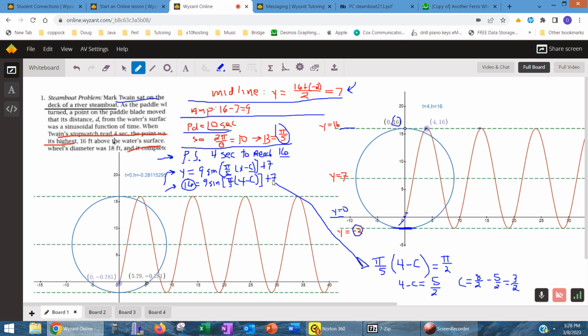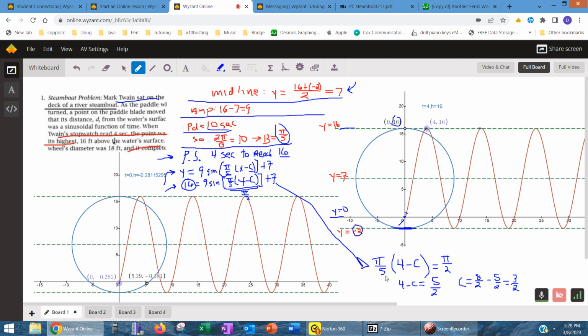So if I subtract 7 and then divide by 9, I get the sine of pi over 5 times the quantity 4 minus c is equal to 1. And that means this expression inside the brackets has to be equal to pi over 2, because that's when the sine is equal to 1.